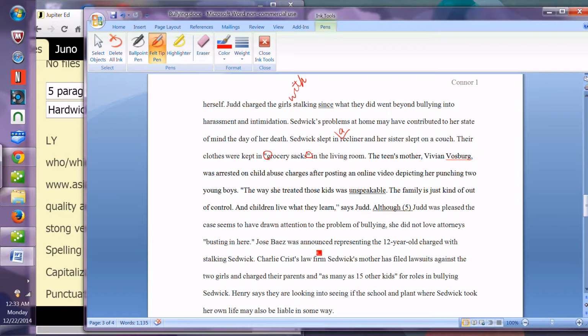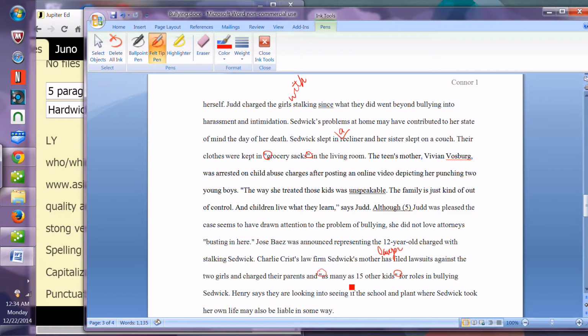Right here, this sentence, Charlie Chris law firm, Sedgwick's mother, I'm not sure what you're trying to say here. Charlie Chris law firm, Sedgwick's mother's lawyer, has filed lawsuits against the two girls and charged their parents. And again, we have these quotes.